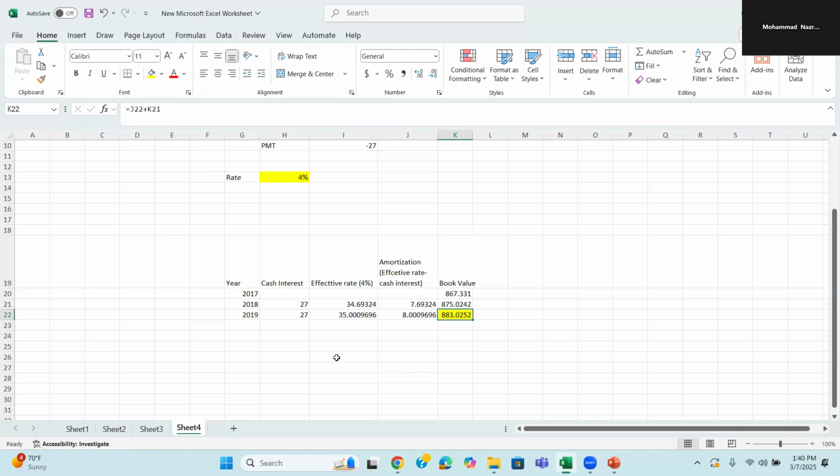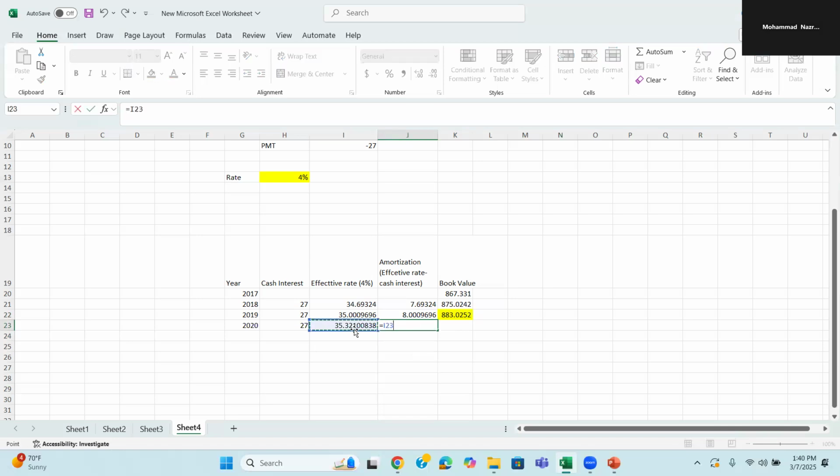So you can just go further with the same process. If you want to go to 2020, it should be 27, and you go here with this value at 4%, right? And you take the difference here, the same process.